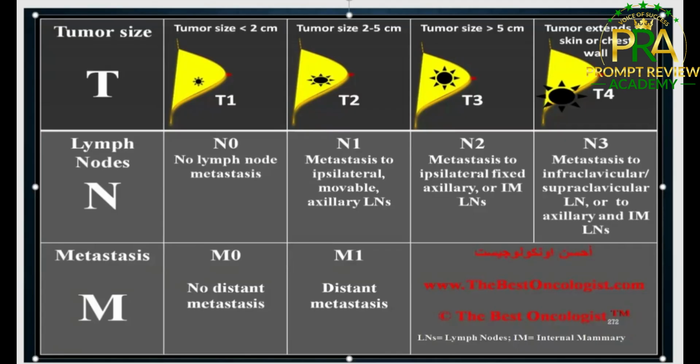Then when you do the lymph node, if there is no lymph node involvement, that is N0. If there is a movable ipsilateral axillary node, then that is N1, movable.